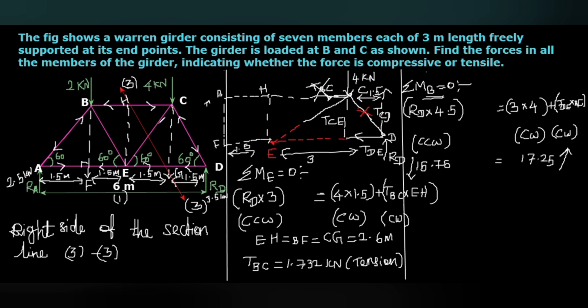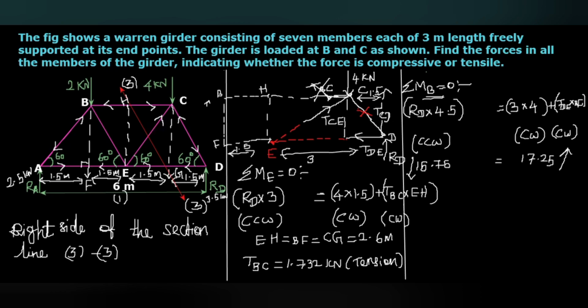Here the TCE, and then you can see the vertical component is acting downward. Then it will act clockwise with respect to B. So TCE should be like this.